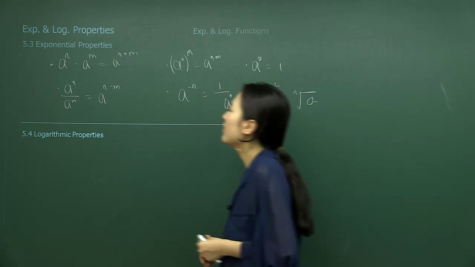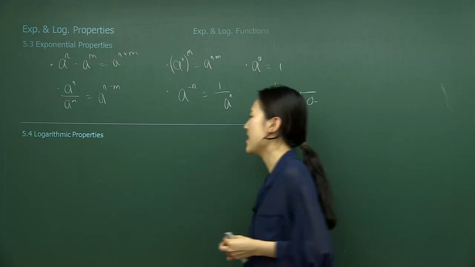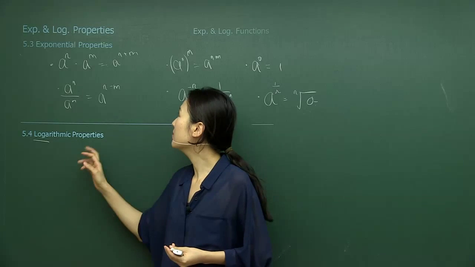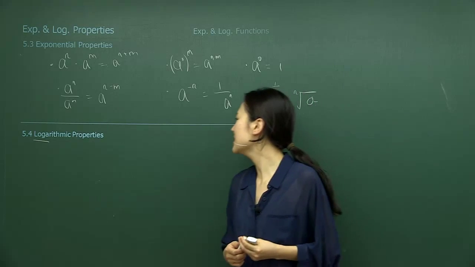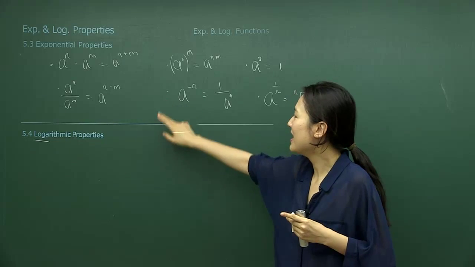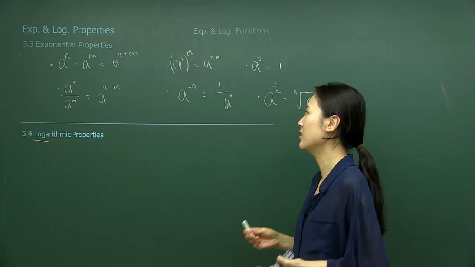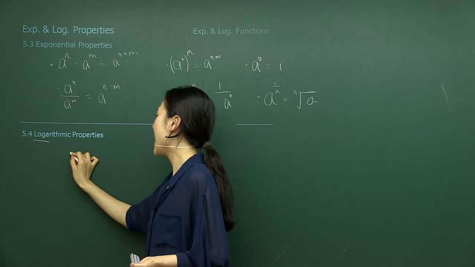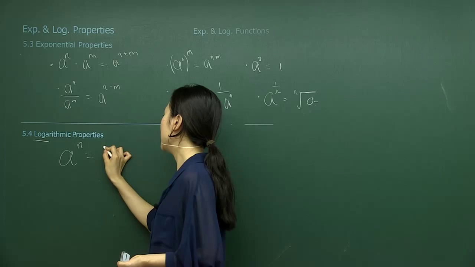Now, let's move on to another topic. Logarithmic properties, log. Why are we suddenly talking about log in the middle of exponential properties? Well, most importantly, it's because they are involved. This and this have a direct relationship between the two. First of all, consider having a to the power of n equals b.